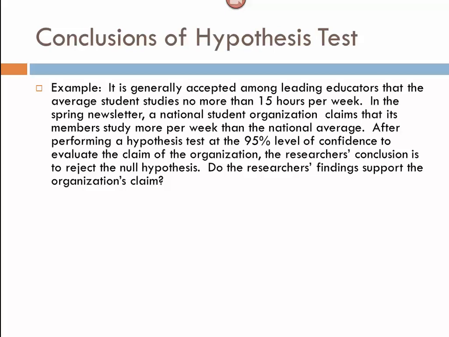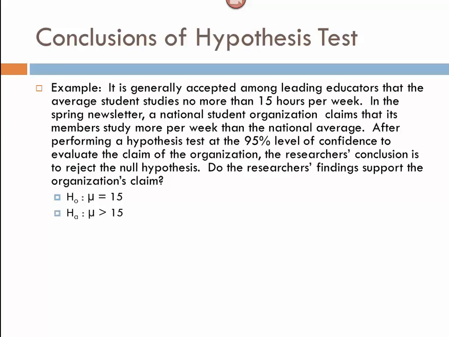So again, 15 hours per week is my average. So that's my null hypothesis, that the average number of hours spent per week studying is 15 hours. The alternative we get by looking at the question. See if you can read through that one last time, hit pause, and decide which value, less than, greater than, or not equal to, is appropriate for our alternative hypothesis.